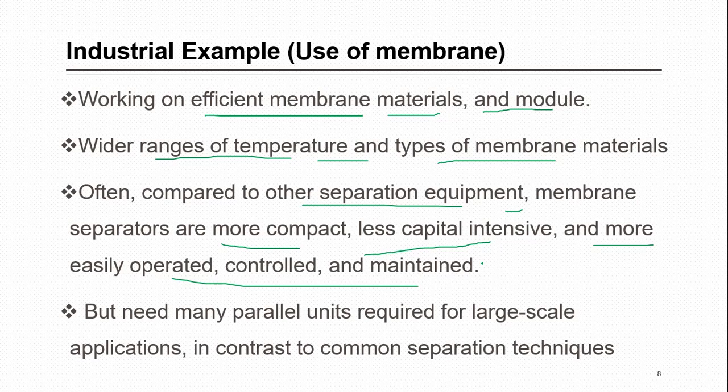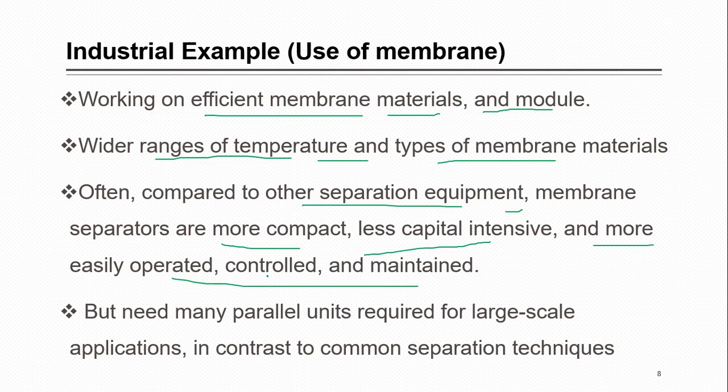If you look at a distillation unit, absorption unit, or LLE, you can have one large piece of equipment with various stages inside, but you don't go for various parallel units. Large capacities can even be handled inside small systems. But with membranes, they need parallel units in order to handle large flow rate.